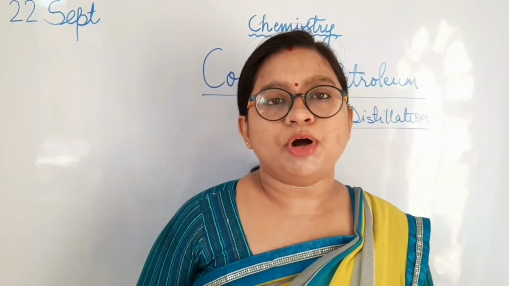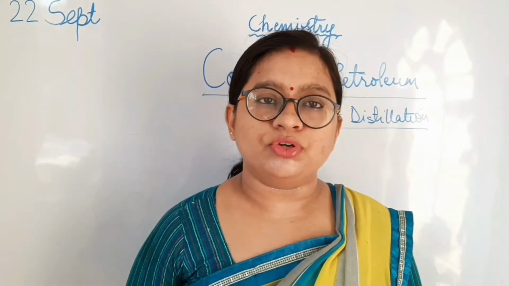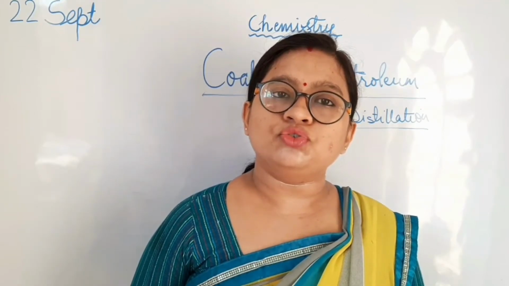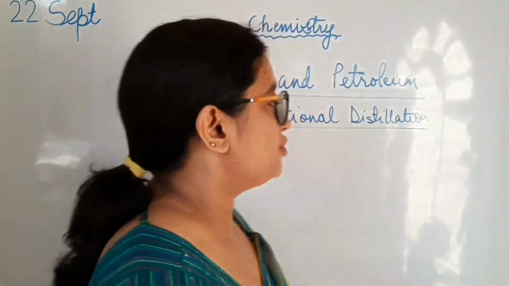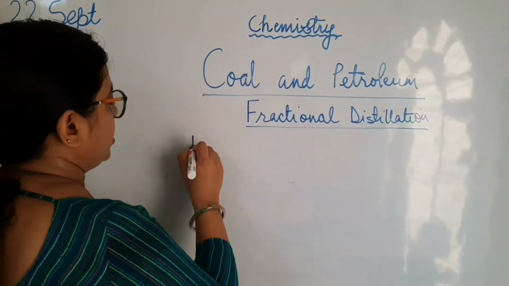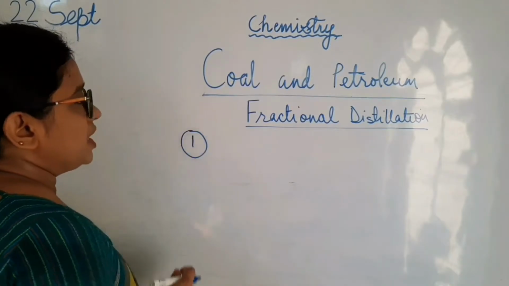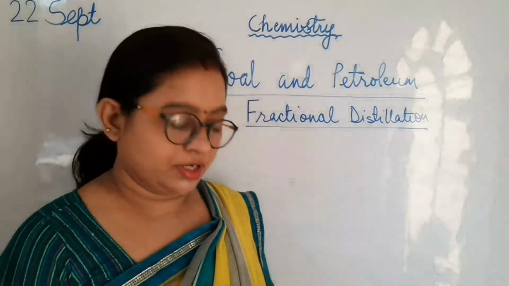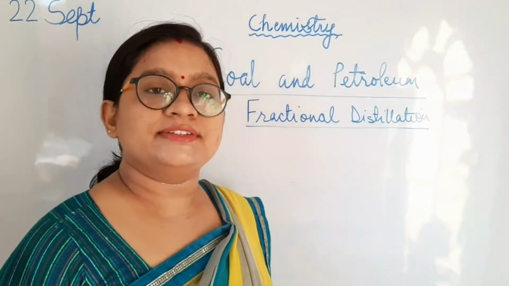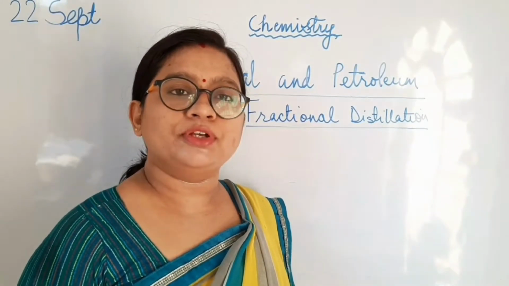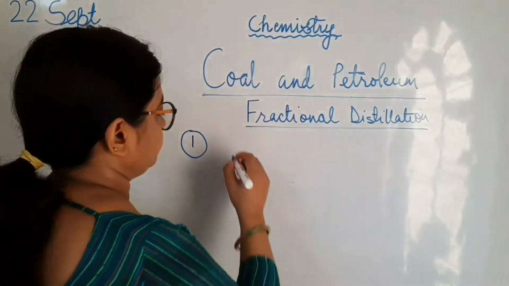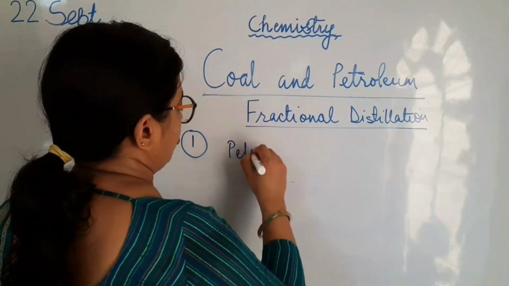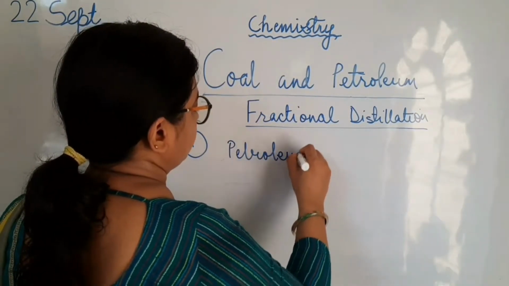So after learning about the fractional distillation of petroleum, let's see what the uses of the different products that come out of it are. As you remember, the first product was petroleum gas, which came out of the fractionating tower. Now this petroleum gas is liquefied and it forms liquefied petroleum gas or LPG.